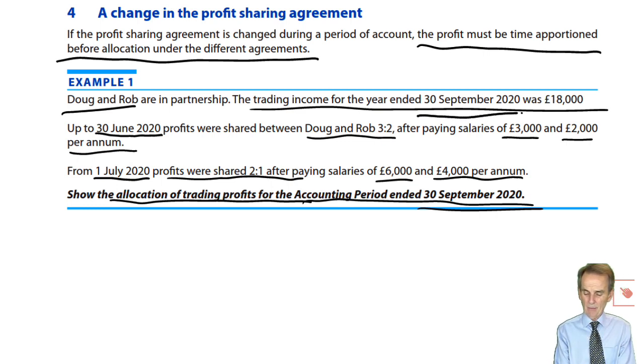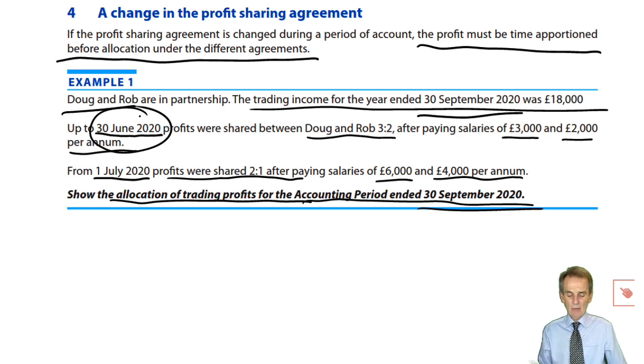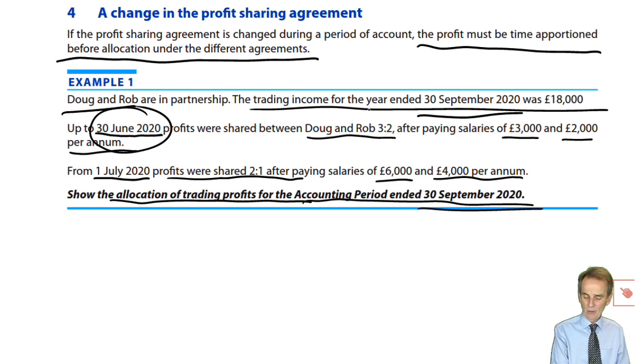So what's happened here? It was the year ended September 2020. The change occurs on the 30th of June 2020. The old agreement runs from the start of that accounting period, the 1st of October 2019, through to the date of change, the 30th of June 2020.